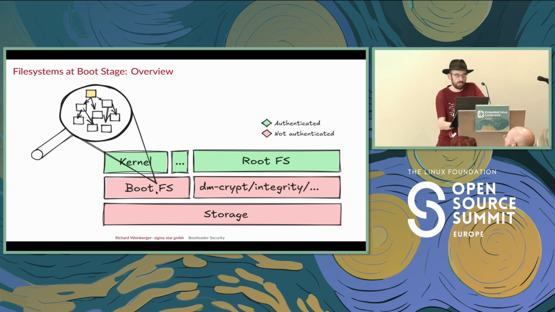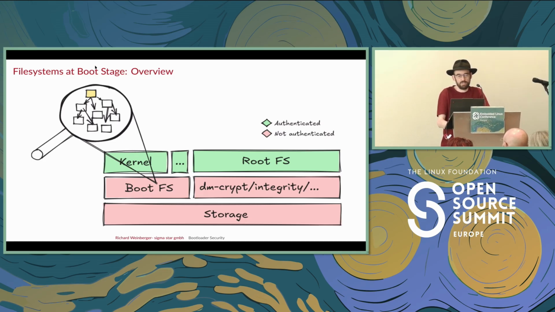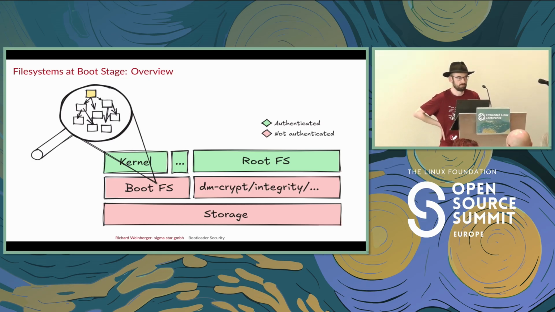Here I call it bootfs, and the red areas are not authenticated, and the green areas are authenticated. As you can see here with the zoom, a file system consists of many data blocks that reference each other, and they form really non-trivial data structures. So they are really hard to parse.